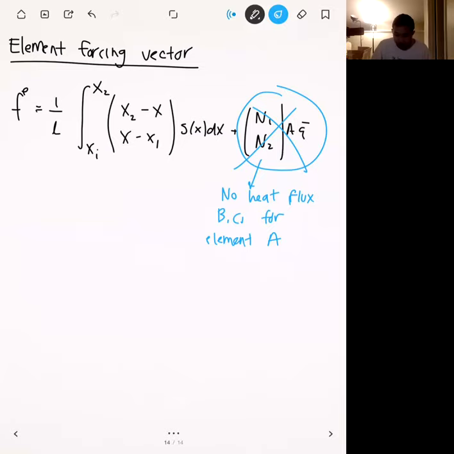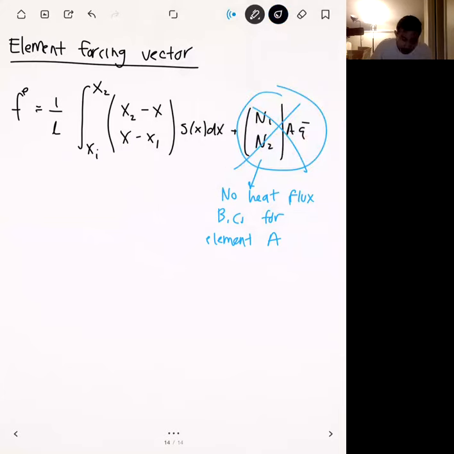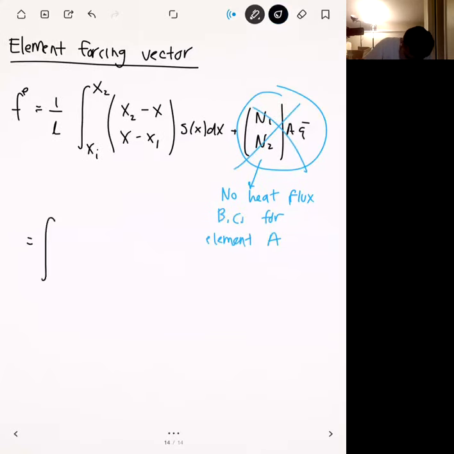And then from here, let's go ahead and plug in for s of x, and we can plug in for L too. And so this is going to be 1 over 1, which is just 1, times integral from 0 to 1 of [x2 minus x, x minus x1]. x2 in this case is 1, so 1 minus x. And then x1 in this case is 0, and so we just have x right there. And then our s of x here is 1/2 x squared.